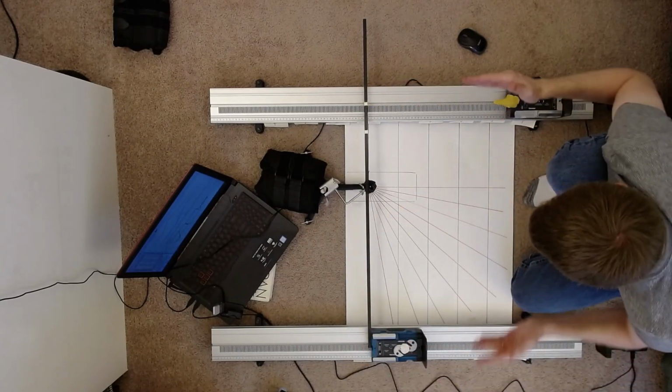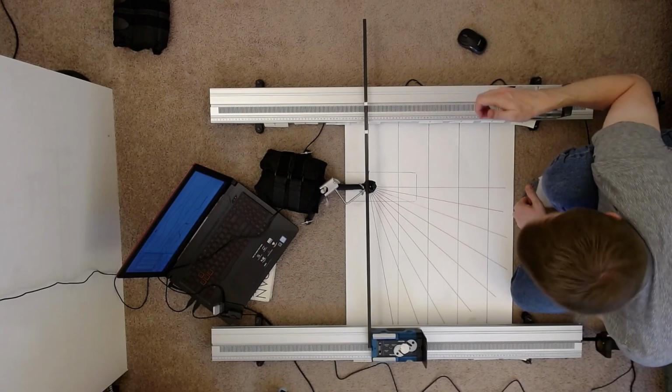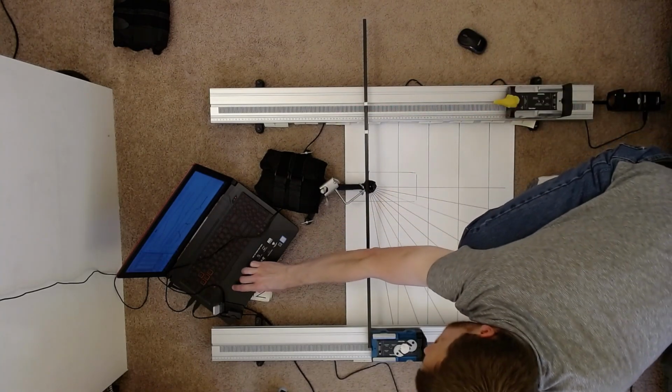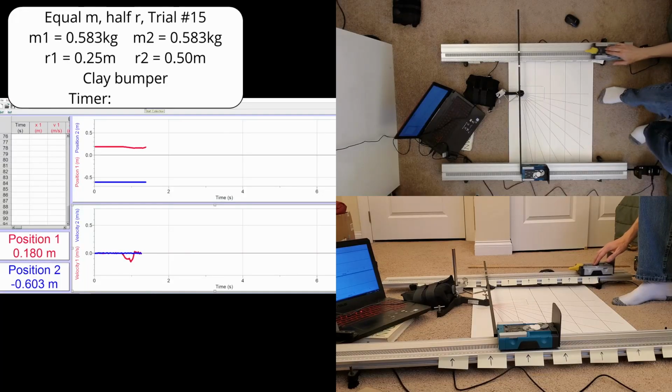Okay, so this is equal mass hitting at half the distance in the inelastic case, trial 1. So let's start collecting some data.